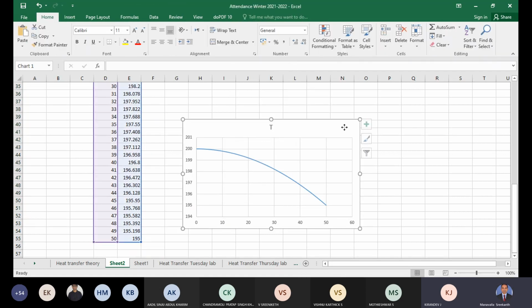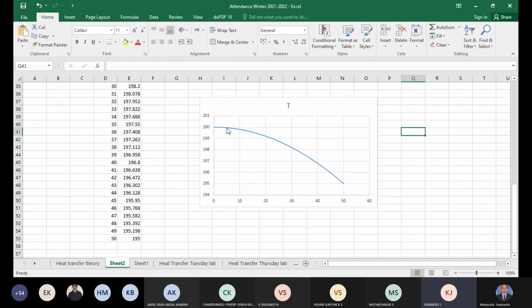See, you can see here there is this non-linearity. Okay, so actually as x increases, the temperature is decreasing. Now this is assuming that x starts from 0. Now, yesterday we have seen that for problems related to heat generation, we have taken the midplane as x is equal to 0.